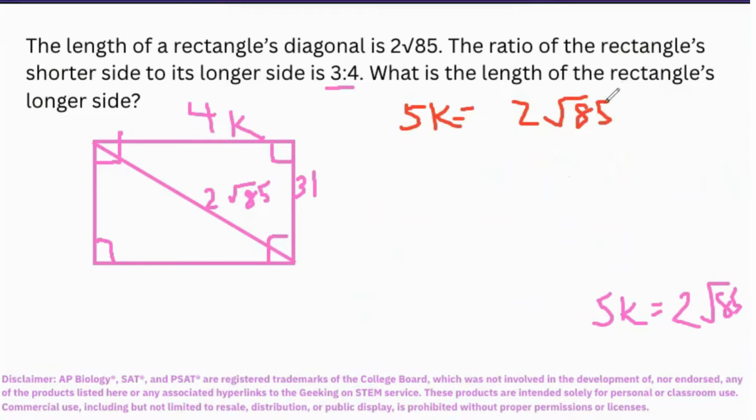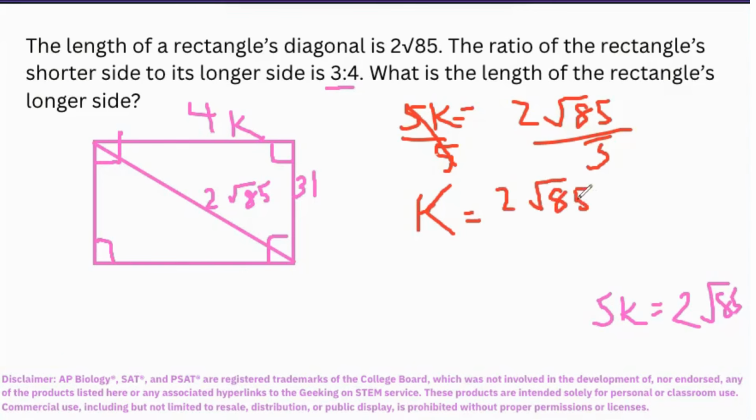You could plug this into Desmos by dividing both sides by 5. When you simplify that, you will get k equals 2 square root 85 over 5.